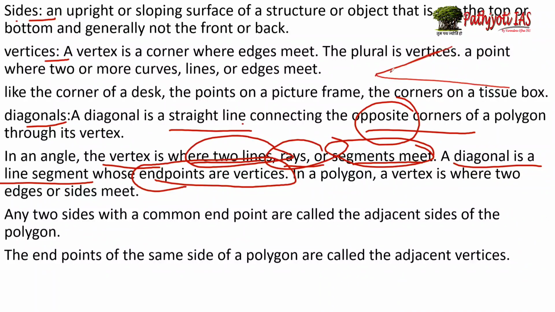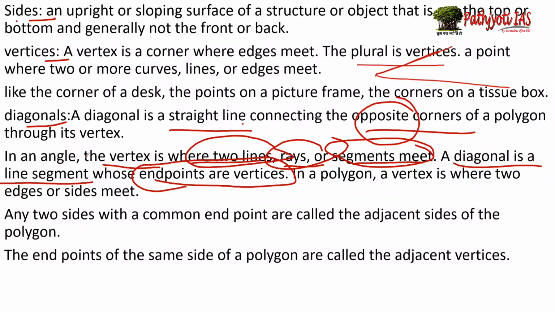Grammatically, vertex is singular and vertices is plural. Apart from that, we also got the concepts of diagonals, then angles.